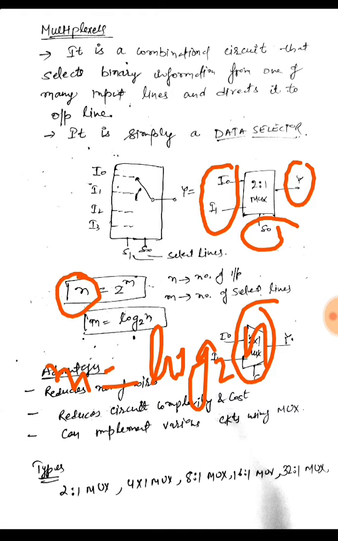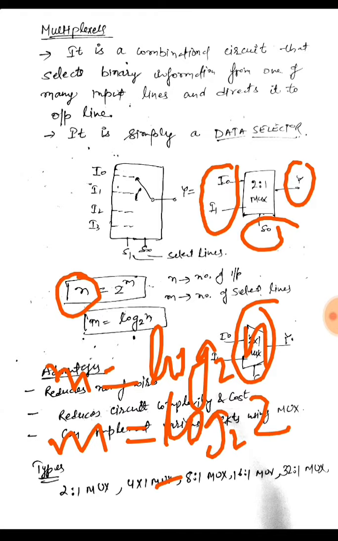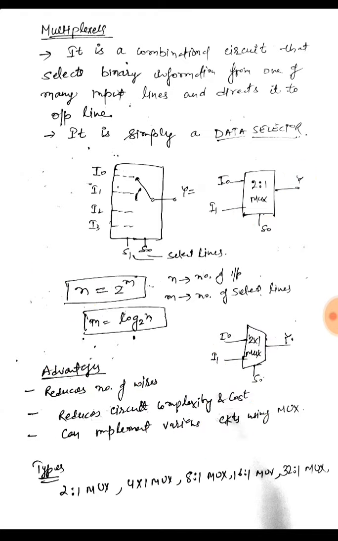For the 2:1 mux, n is 2, so m comes out to be log2(2), that is 1. So we will be using only one select line if I have two inputs. Similarly, if I have a 4:1 mux, that is n equal to 4, then m would be equal to 2.